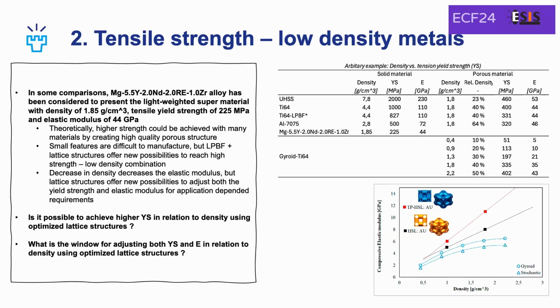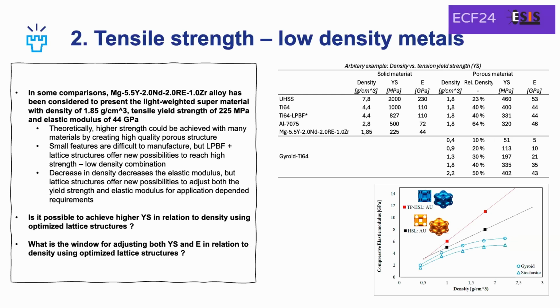So what we are comparing in our studies, and what is used sometimes in literature, is this super magnesium alloy with density of roughly 1.9. So we wanted to see if we can make a similar metamaterial using these lattice structures with the same density.